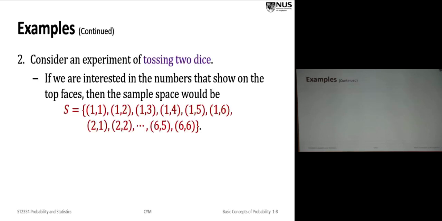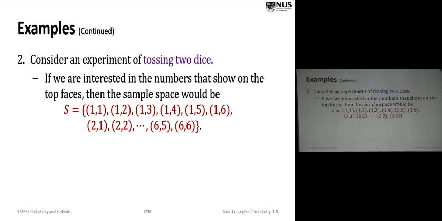These are the possible outcomes. Now I have a question. You understand this one? This means that there are 36 of them, 36 pairs. Now I toss two dice. How do I know it is 1, 2 or 2, 1?